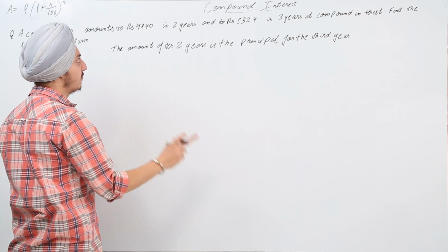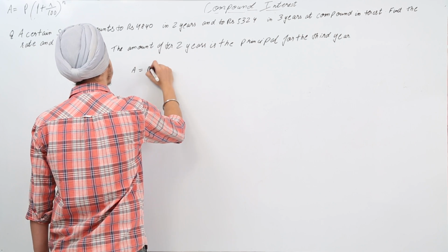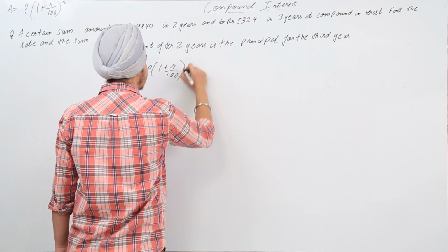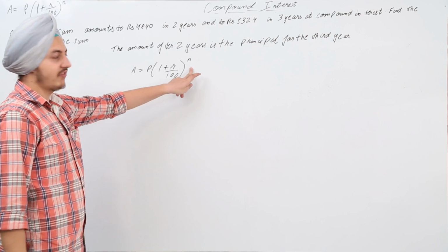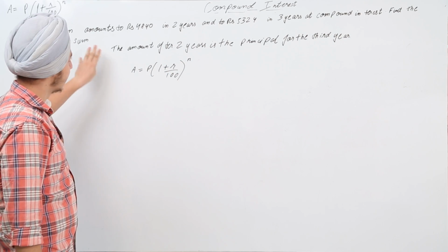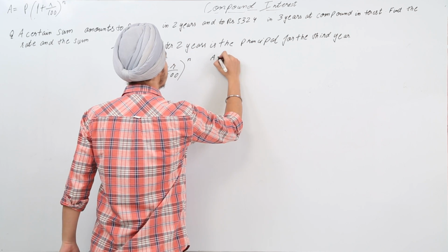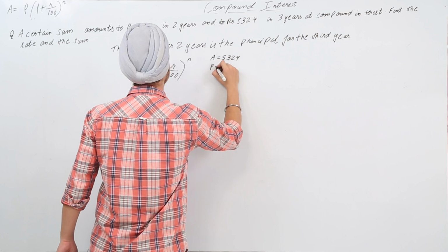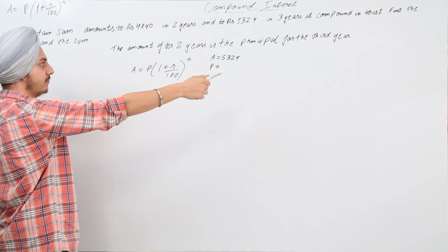So if 4840 is the principal for the third year, we can write the amount is equal to P into 1 plus R by 100 raised to power n. According to this, we have the amount equal to 5324, and the principal, that is the amount after 2 years, is the principal before the third year.